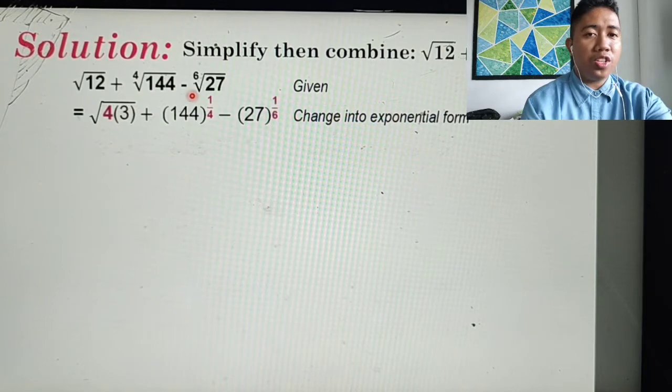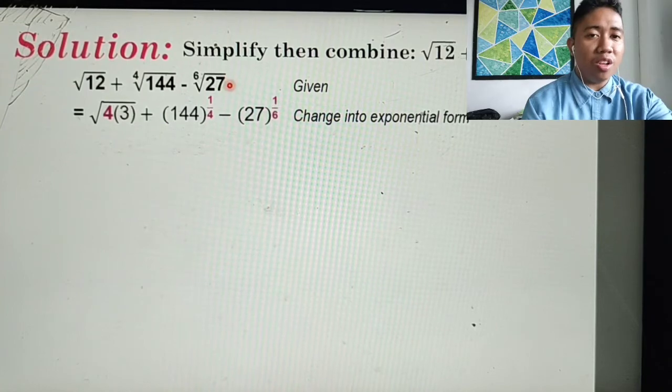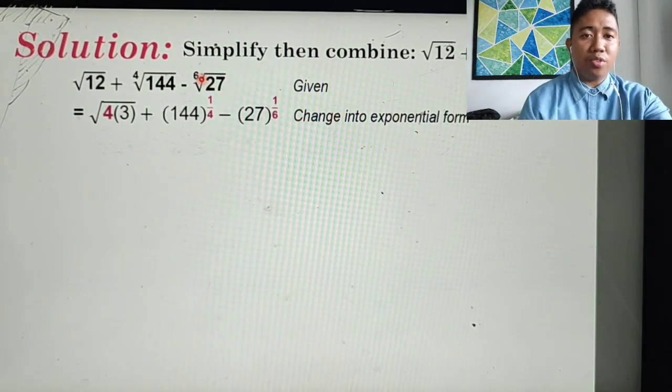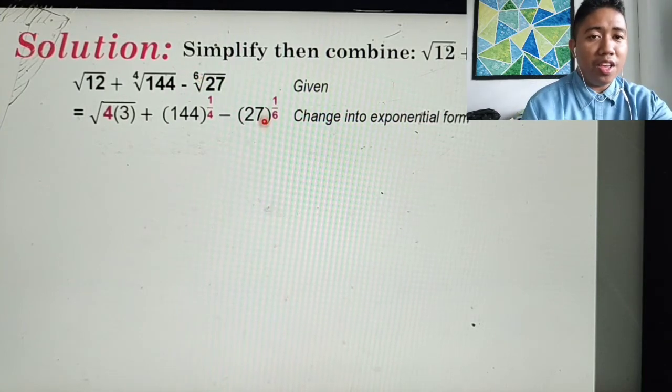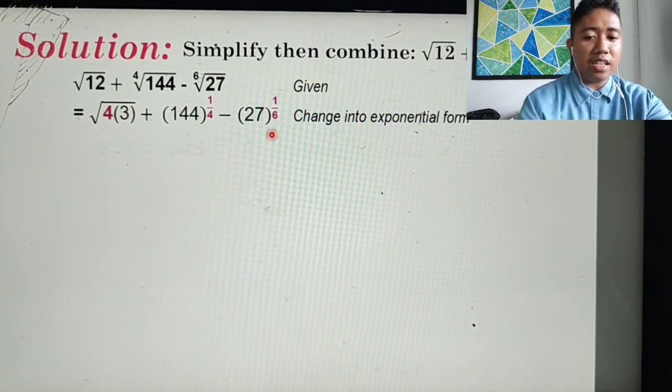Next, we convert also the next term, which is the sixth root of 27, into exponential form. Since inside the radicand 27 has an exponent of 1 also, and the nth root is 6, under the denominator, it becomes 27 raised to the 1/6 exponent.